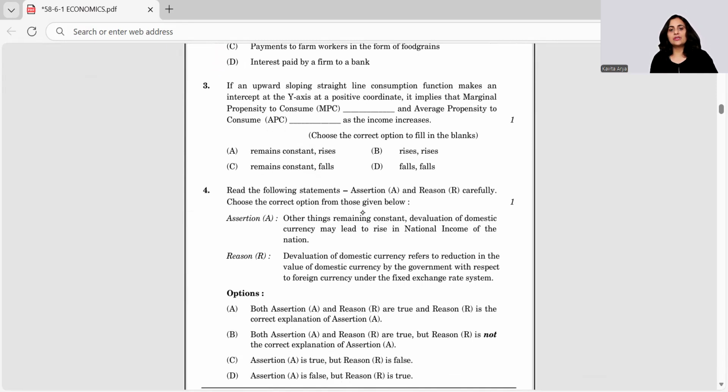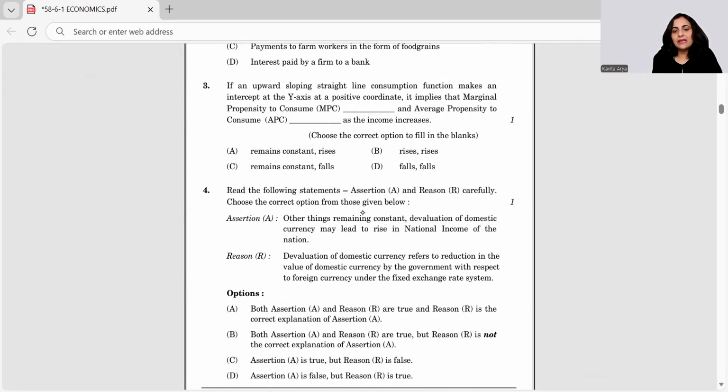If an upward sloping straight line consumption function makes an intercept on Y at a positive coordinate, it implies that marginal propensity to consume dash and average propensity to consume dash as income increases. We know as the income increases, the general tendency of the people to consume keeps on falling.